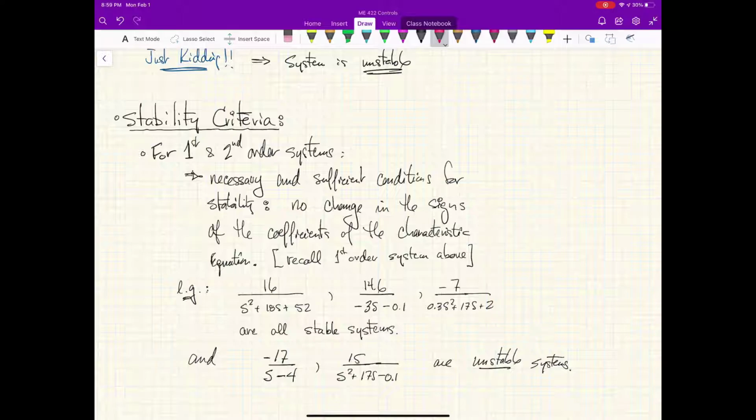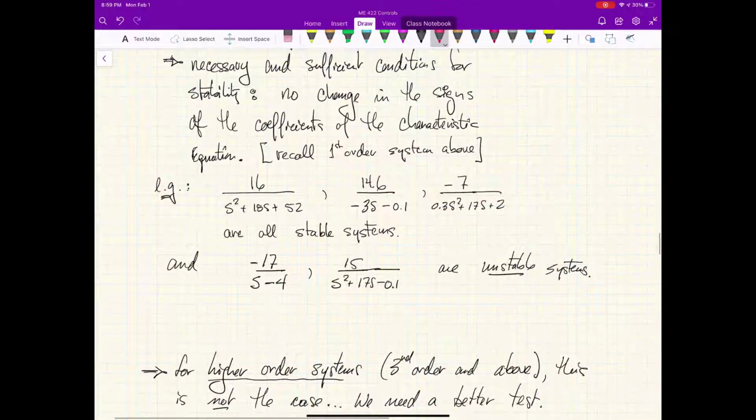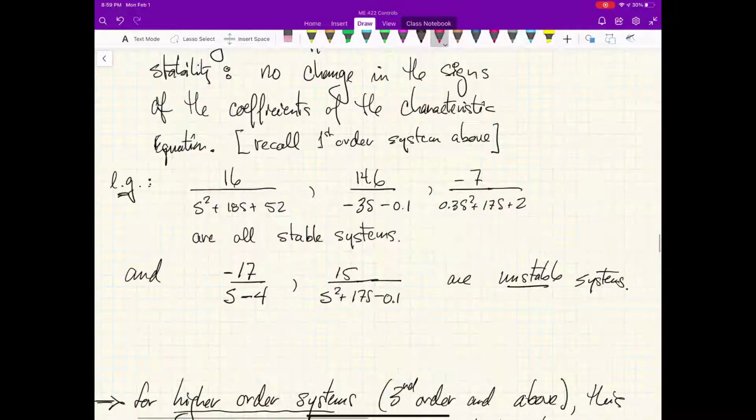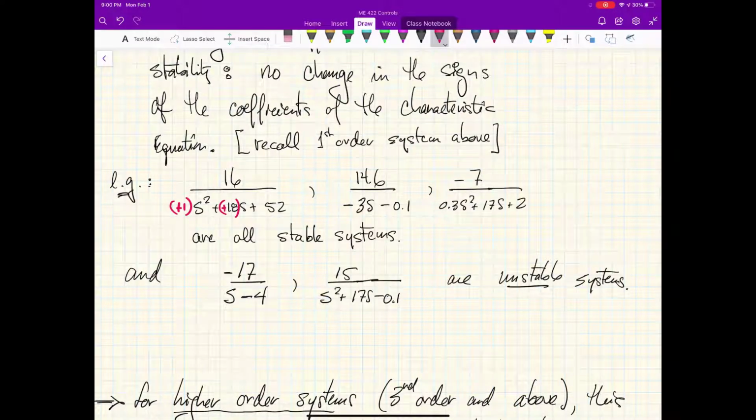This is also true for a second order system, and I'm giving you a bunch of examples here to illustrate the point. If I have a system that looks like 16 over s squared plus 18s plus 52, then that coefficient is plus 1, that coefficient is plus 18, and that coefficient is plus 52. Plus, plus, plus, no sign change, stable.